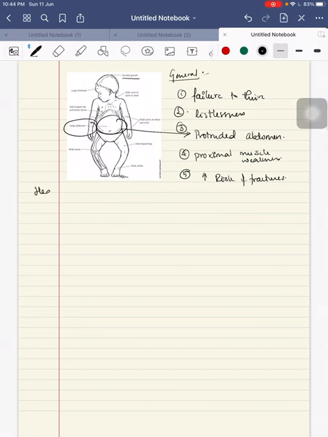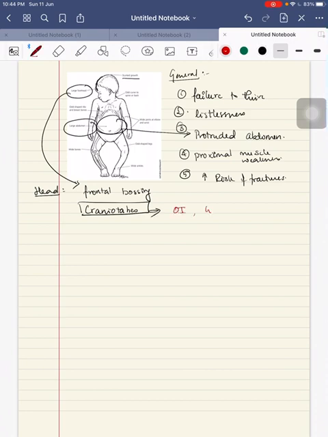Next, in head, the child will have frontal bossing, that is a large forehead. A child will have craniotabes. This craniotabes is not a definitive feature of rickets. It can also be present in other diseases like osteogenesis imperfecta, congenital syphilis, and hydrocephalus.